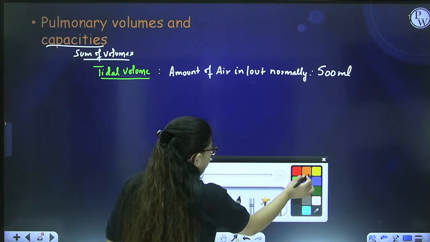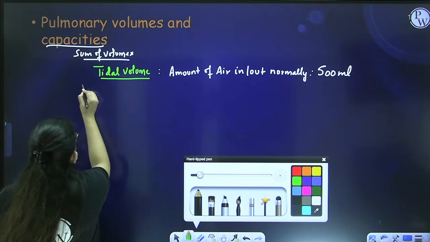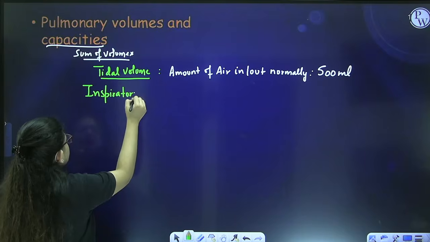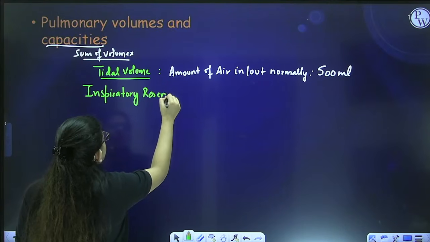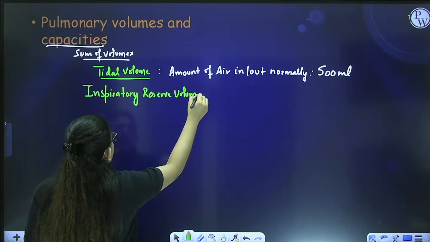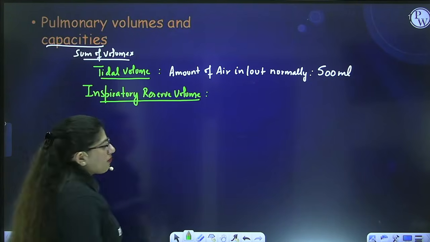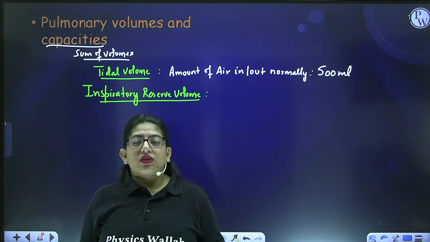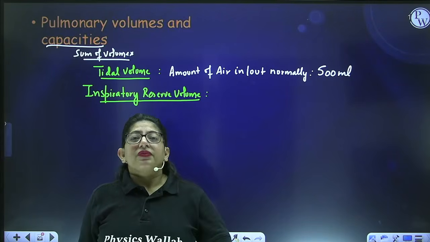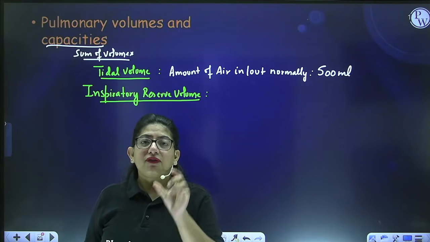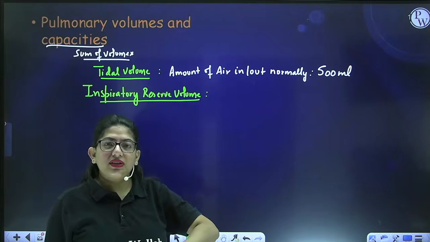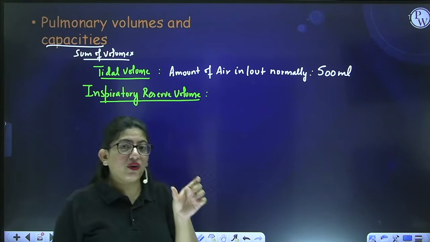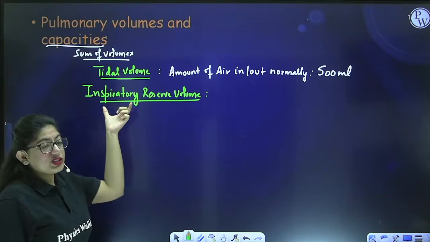Now, second, what if I put some effort and I do forceful inspiration? For example, I did forceful inhalation. You also do it with me. This time, guys, you are taking 500 ml tidal volume inside your lungs and you are also taking some extra amount of air. That extra or additional amount of air is your inspiratory reserve volume.